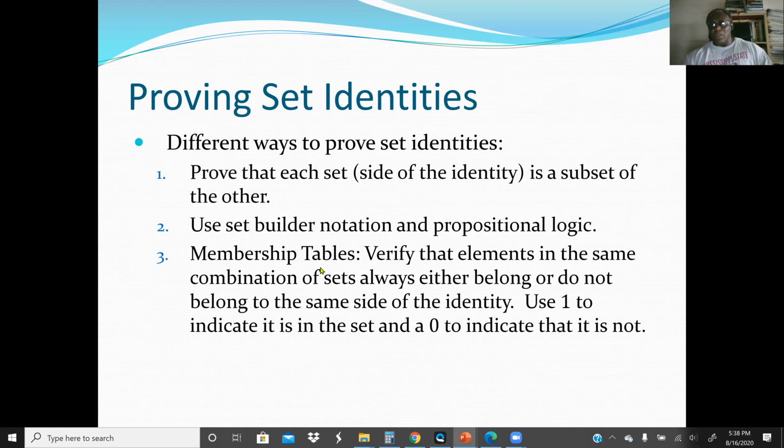Then membership tables verify that elements in the same combination of sets always either belong or do not belong to the same side of the identity. We can use 1 to indicate it is in the set, or 0 to indicate that it is not.